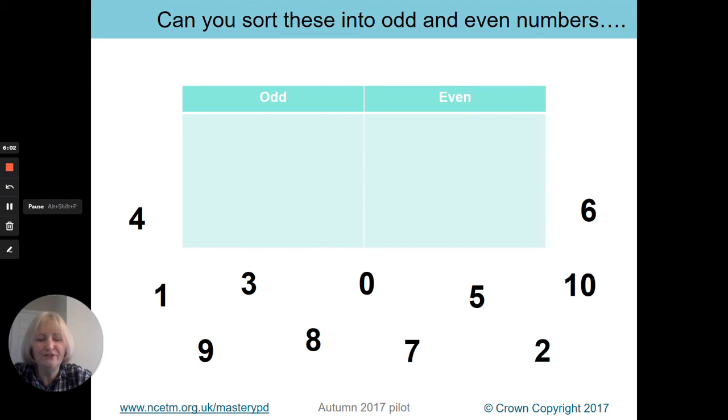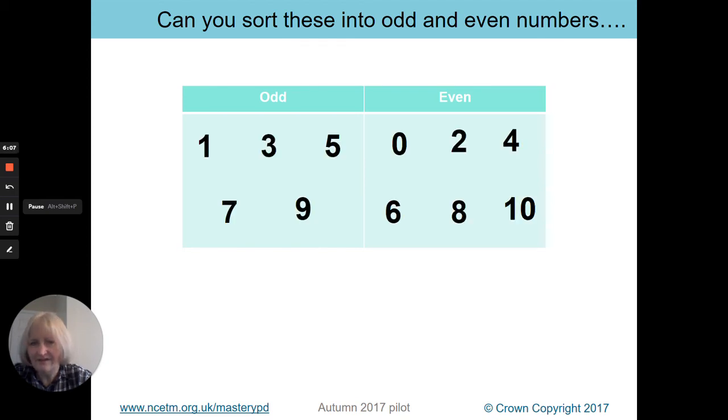Okay, well done. Let's have a look. Did you get that as your answer? Let's check them out. So the odd numbers 1, 3, 5, 7 and 9, and the even numbers 0, 2, 4, 6, 8, 10.